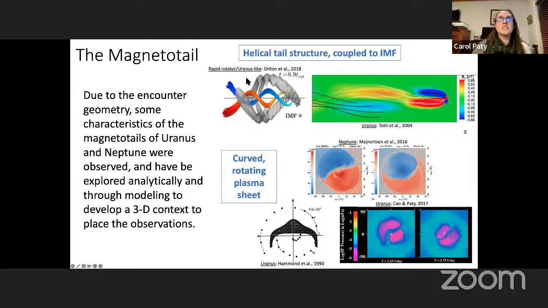There have been some other simulations like this, one from Leah Graton and her group in France, where she basically sped up Uranus by a factor of 10 so she could get a nice long run of wrapping of that helical structure. It's pretty amazing. And it leads to that plasma sheet, which on the Earth picture looks so smooth and nice and stretched out in the tail, being curved.